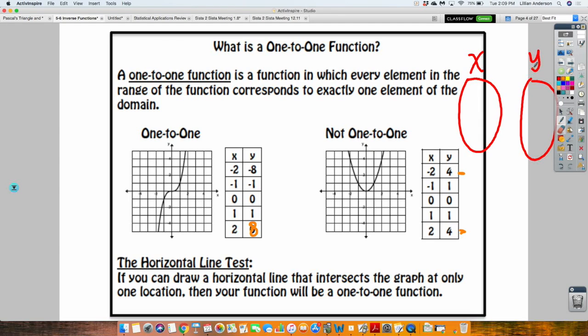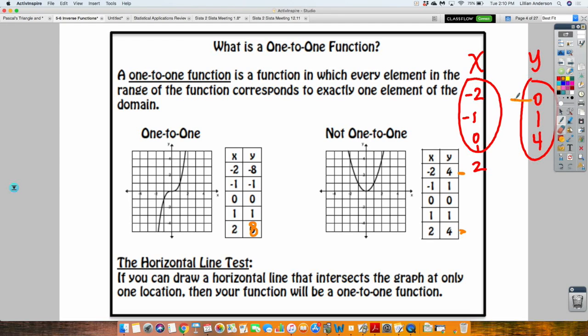You have your outputs and your inputs, pretend that's an elongated circle, and then you have arrows drawn. Well, this is another way to look at it. Every element in your range should correspond to exactly one element in your domain.